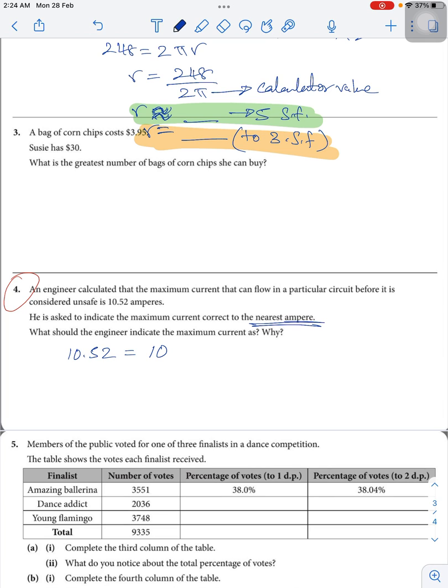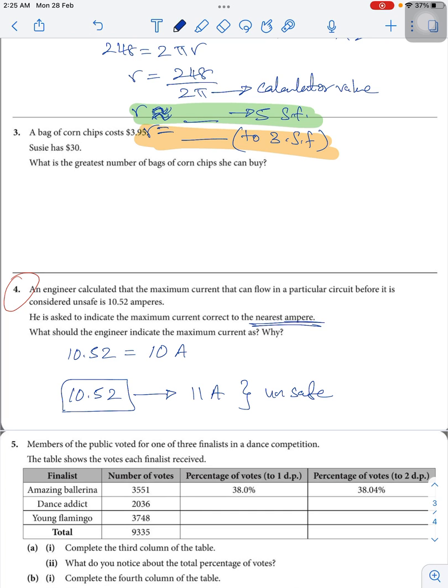So the maximum current is 10. Now you can't have 11, so anywhere between 10.52 all the way to 11, this is considered as unsafe. So you wouldn't want to hit this number here, 10.52, because that is considered unsafe.